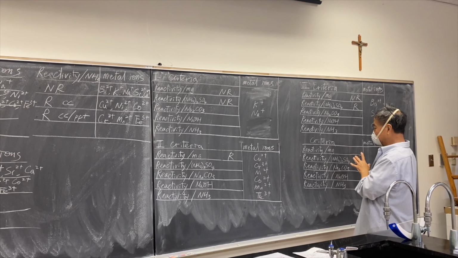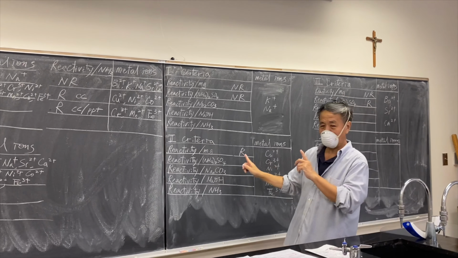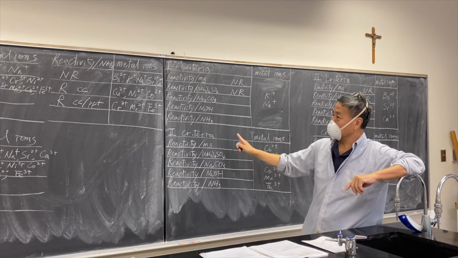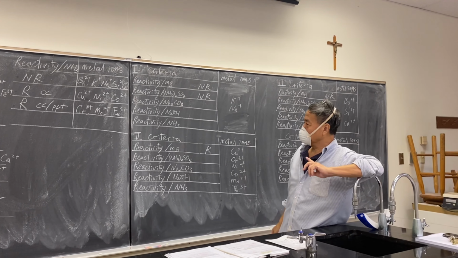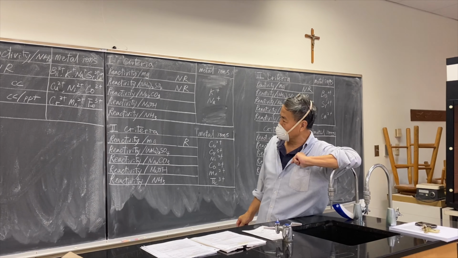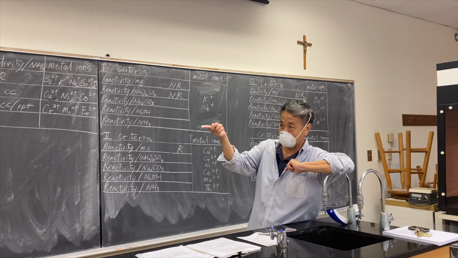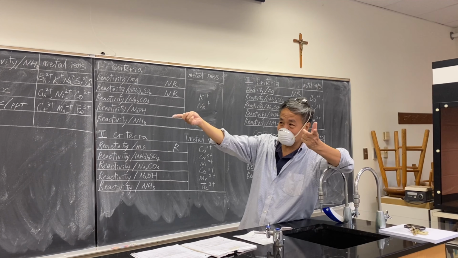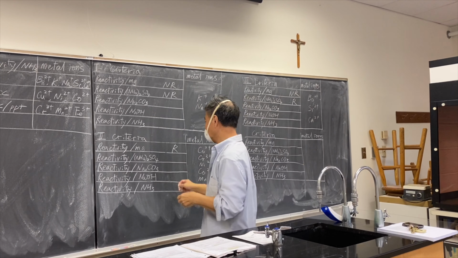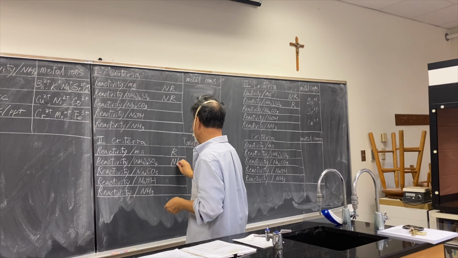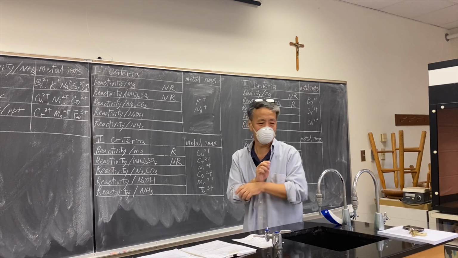Once you finish this part, you have to go back to your second table and the reactivity with the ammonium sulfate. What is it? Well, right there says no reaction. So you say no reaction.